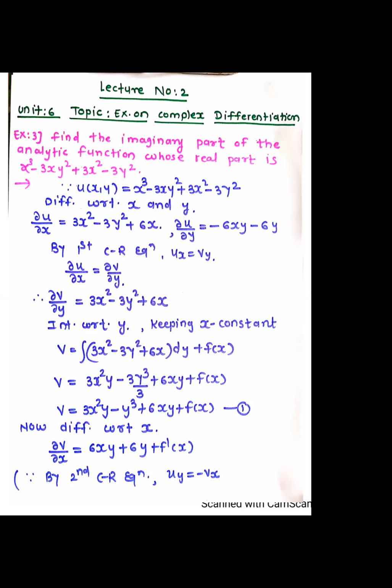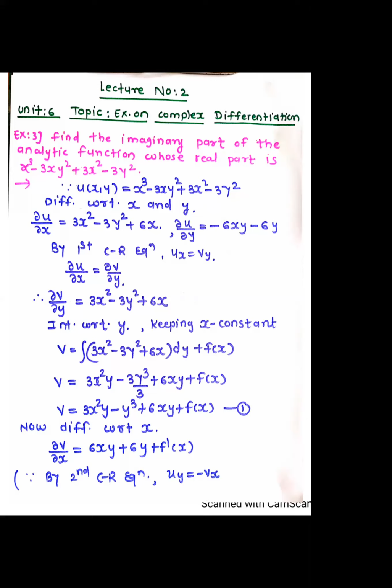So now let us continue with the example. First, let me revise the procedure in short. If u is given, the first step is to differentiate it and find ∂u/∂x and ∂u/∂y. Then by the first Cauchy-Riemann equation, ∂u/∂x is ∂v/∂y. But we require only v, so to remove the ∂v/∂y term, we integrate with respect to y.